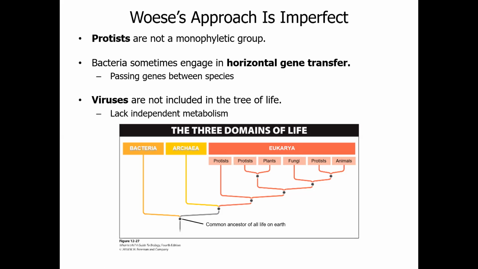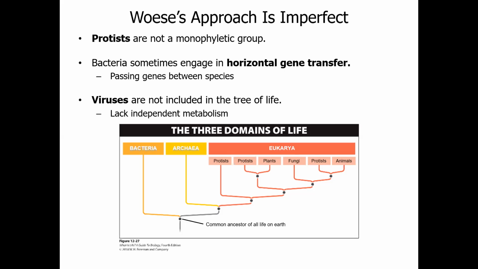Additionally, another flaw with the approach is that bacteria can engage in what's called horizontal gene transfer. Most of the time, we know that bacteria are asexual. They just reproduce and produce a carbon copy of themselves whenever they need to. But bacteria can engage in horizontal gene transfer, which is a sort of sexual reproduction type method.